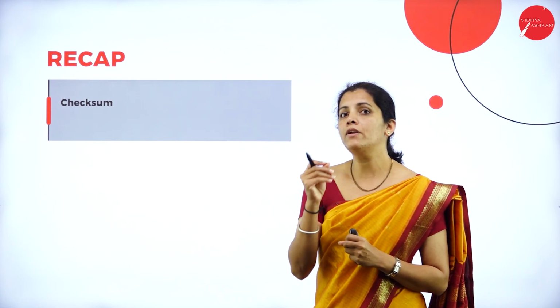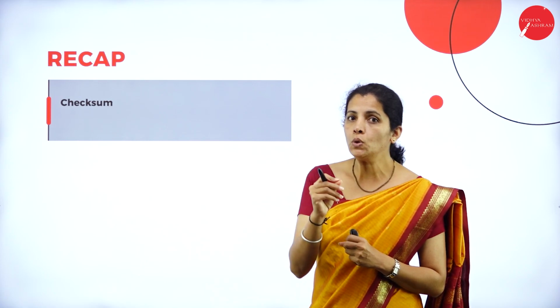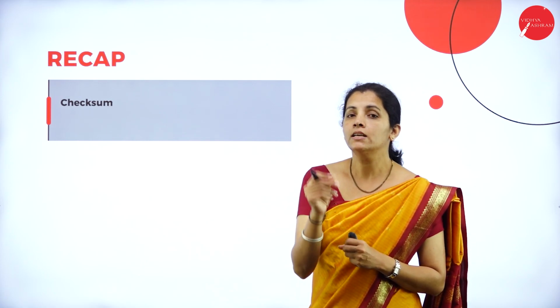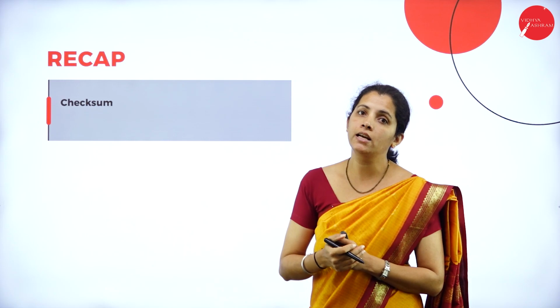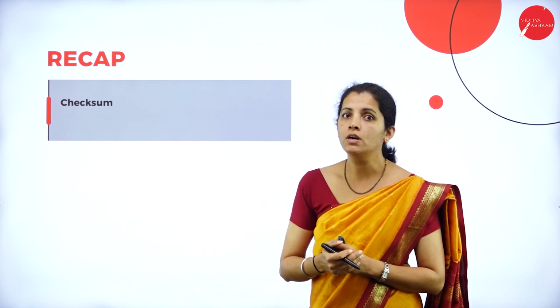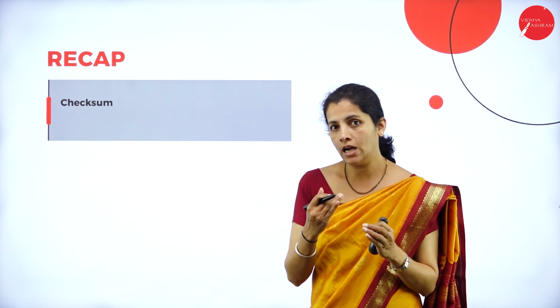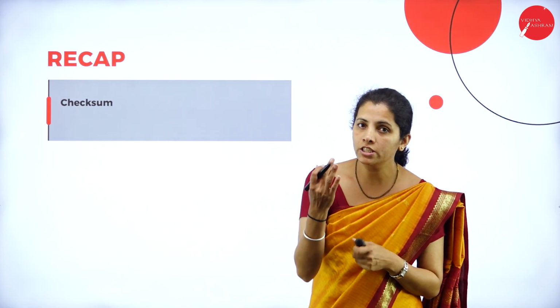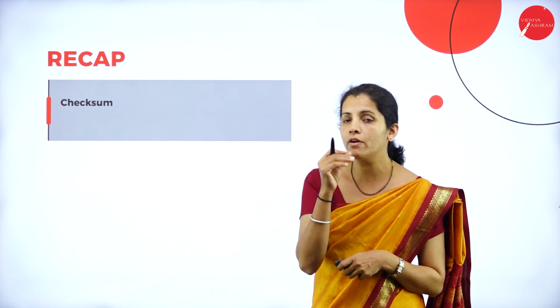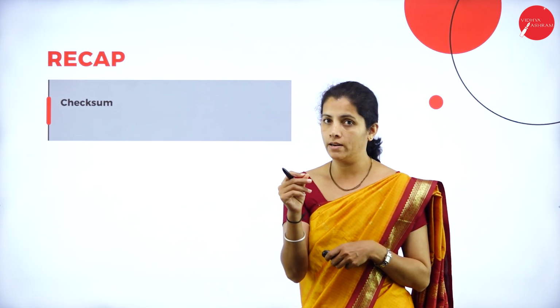If any one of the fields includes 1, then that indicates that the data bit is corrupted. So the receiver is not able to accept the data. The receiver is going to reject the data if any one of the bits includes 1.